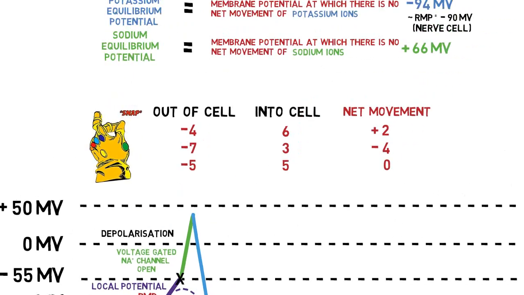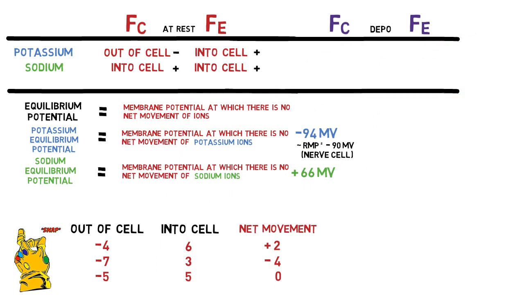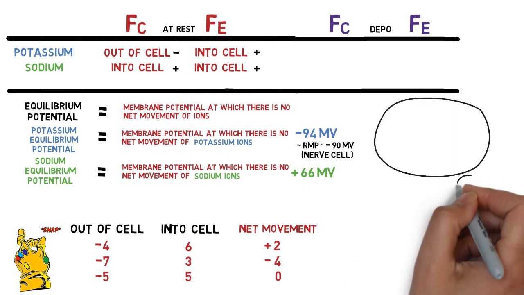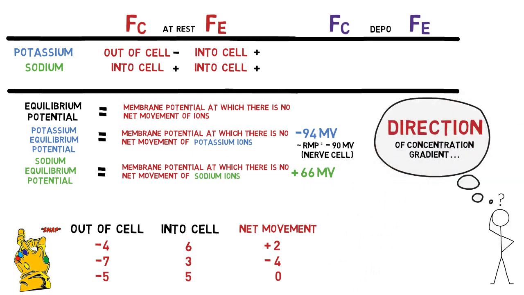Let's look at the dynamics of the ions' concentration and electrical gradient during depolarization. Now, since we have inflow of sodium into the cell, a question you may want to ask is, does the direction of the concentration gradient change? We know absolutely that the concentration gradient will be affected as there are changes in the amount of ions intracellularly and extracellularly.